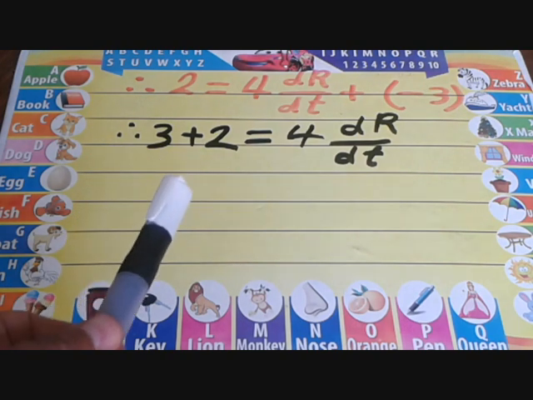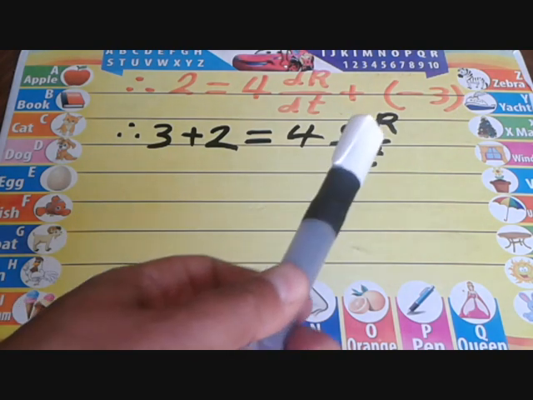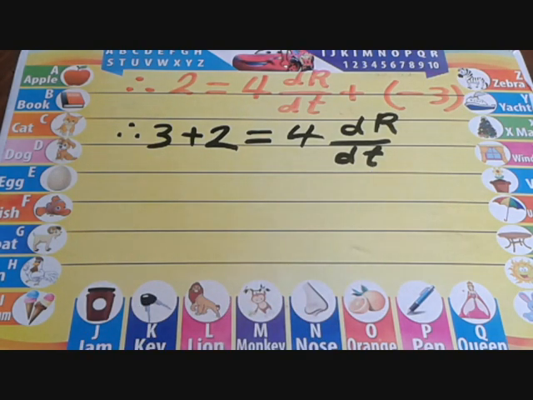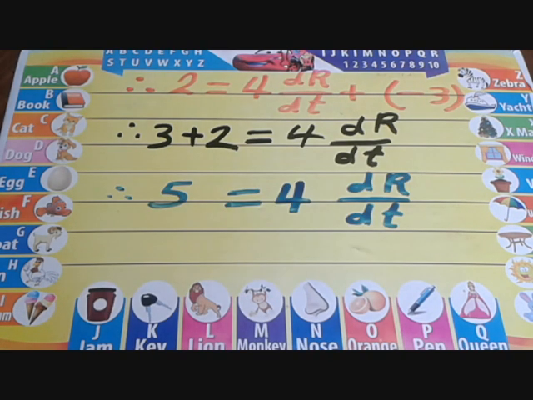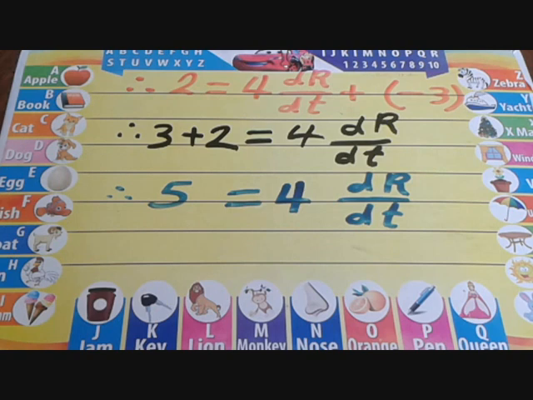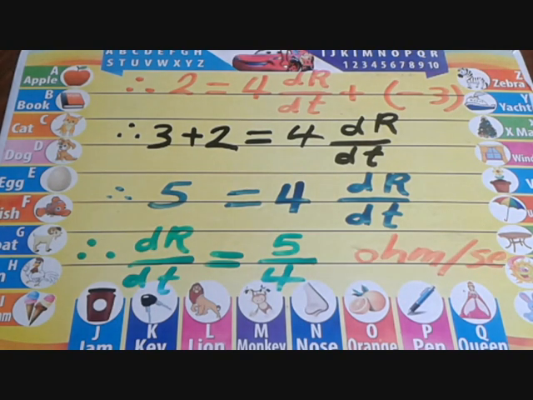Therefore, 3 plus 2 equals 4 dR by dt. Therefore, 5 equals 4 dR by dt. Therefore, dR by dt equals 5 over 4 ohms per second, and this is the rate of change of the resistance.